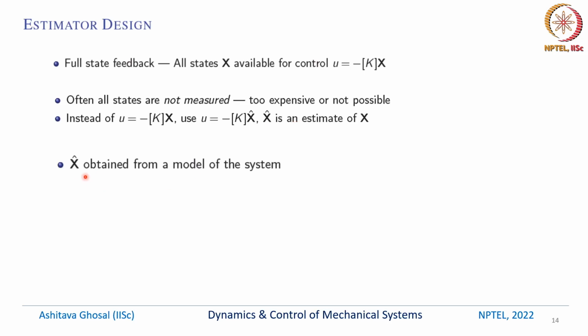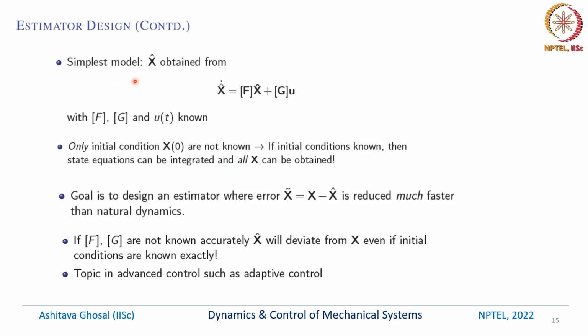One natural way is to obtain x hat from the model of the system. What do we mean by model of a system? The simplest possible model is that x hat can be obtained by this differential equation: x hat dot equals f x hat plus gu. What is this assuming? That we know the plant f, g and u exactly. Then all that is unknown is the initial condition x of 0.